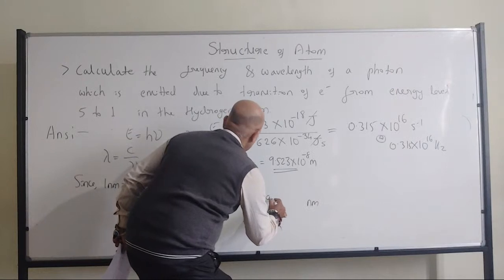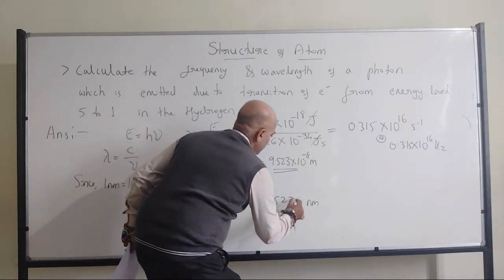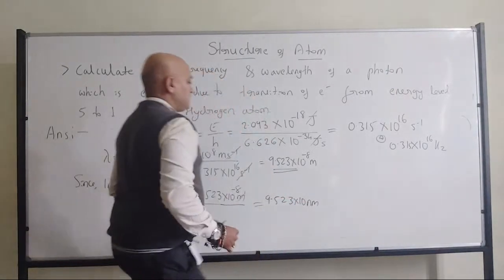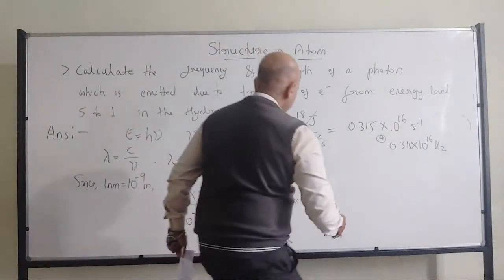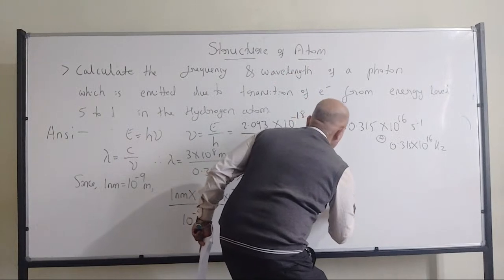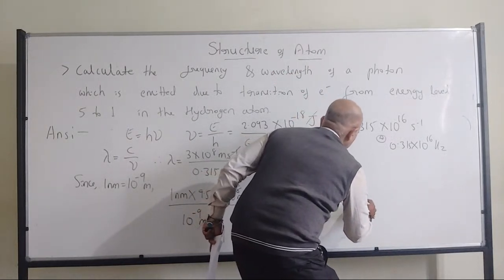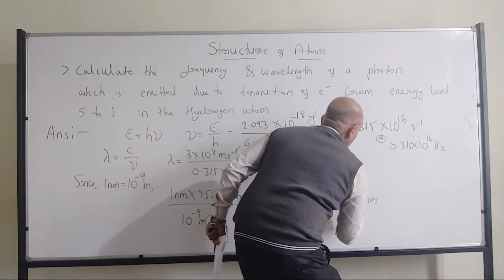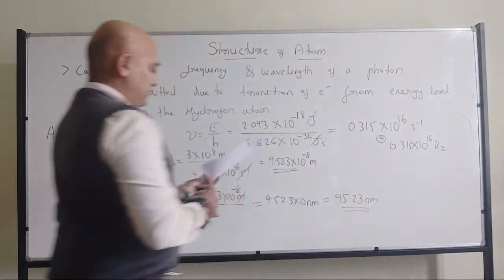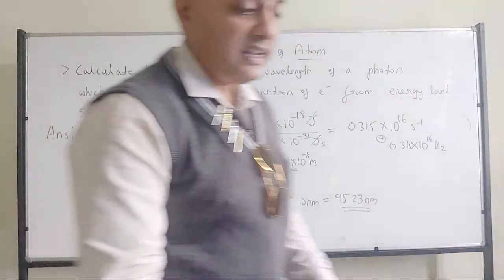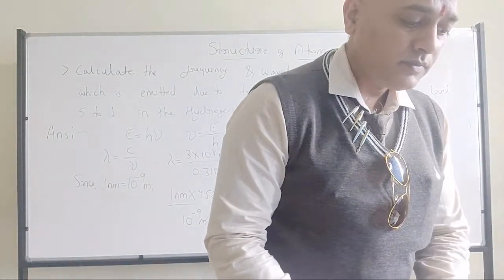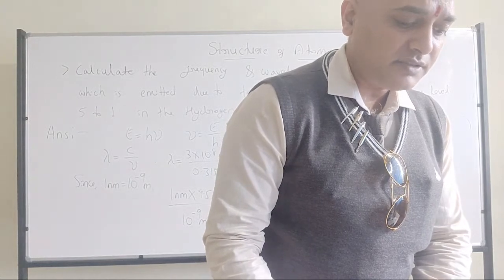Therefore 9.523 into 10 to the power of 1, or we can further simplify it as 95.23 nanometer. All of you have understood? Any doubts? Any doubts with regard to this one?